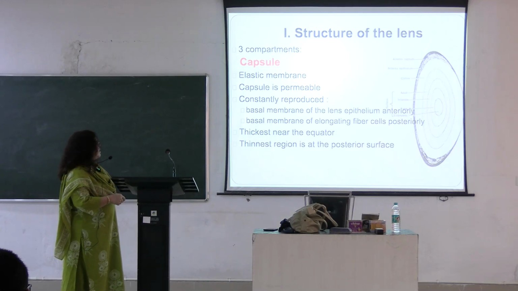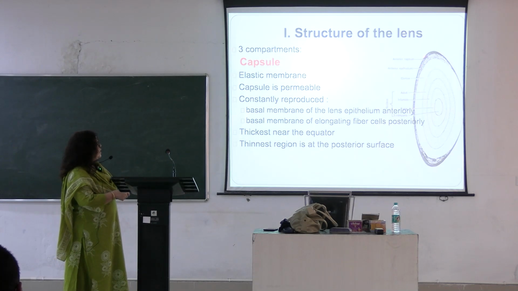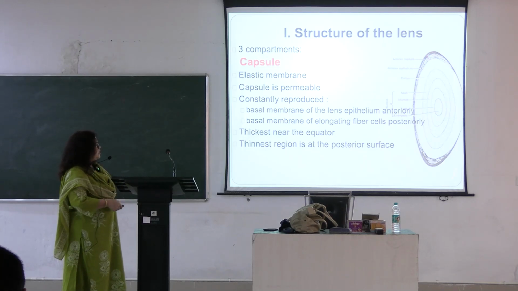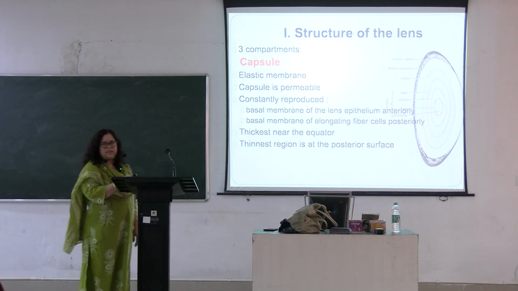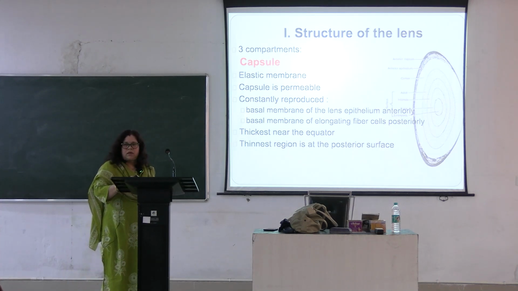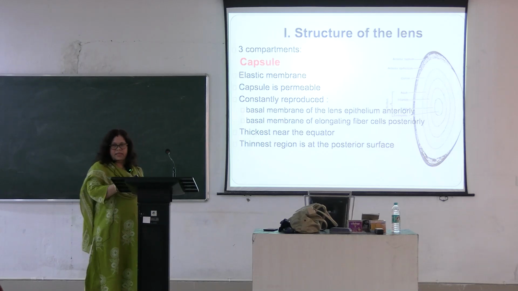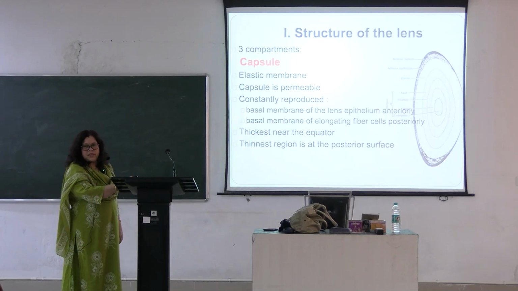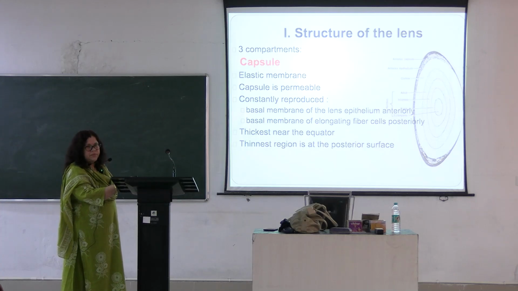Its thickness is more at the equator, and it is thinnest on the posterior surface. Anteriorly the thickness gradually increases towards the equator, and at the posterior pole it is the thinnest part of the capsule. That's why during surgery a rent occurs in that part, which is called posterior capsular rent or PCR.